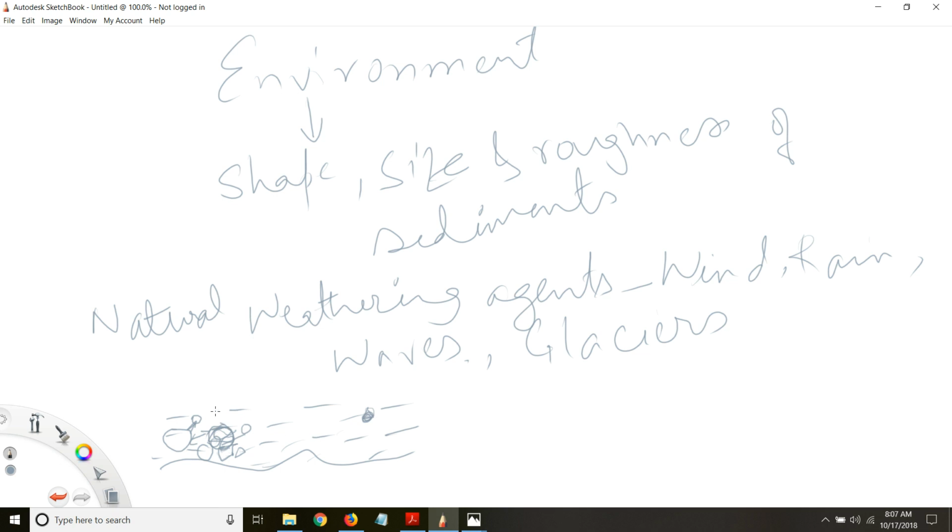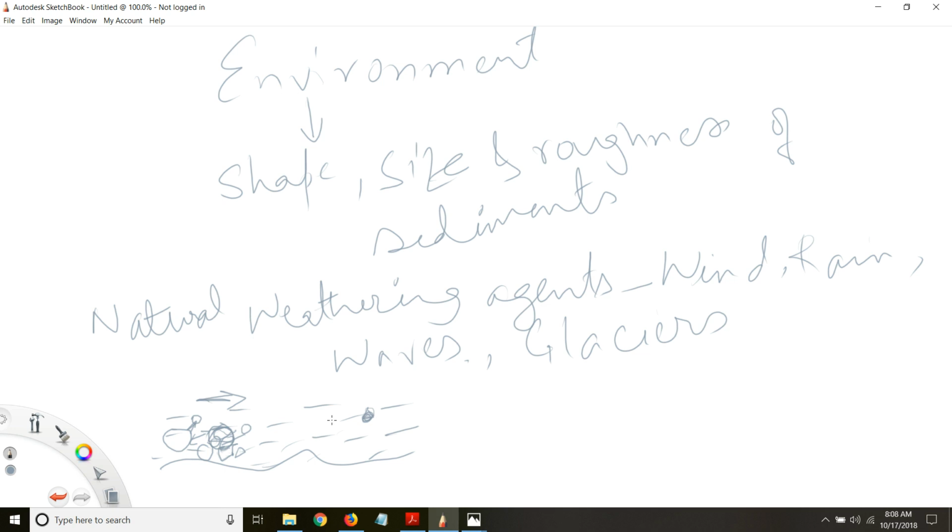When the river is flowing faster, it can carry the heavier sediments, but as it slows down, it does not have enough energy to carry them. So the heavier sediments will drop out of the water column first, then the medium size, then the smaller size, and finally the fine sediments will drop out from the river stream.